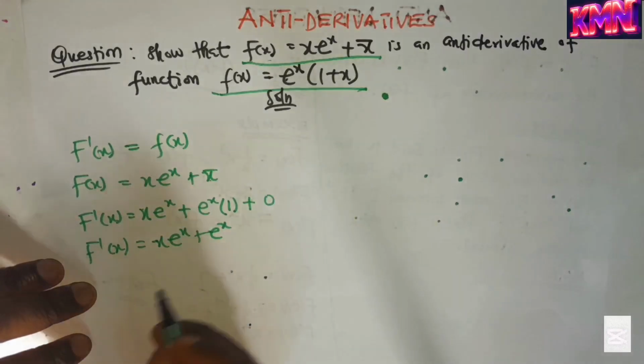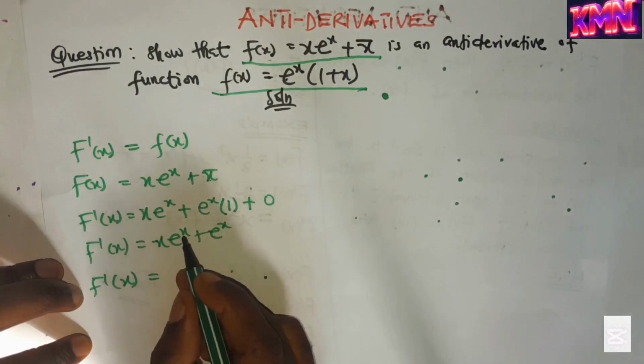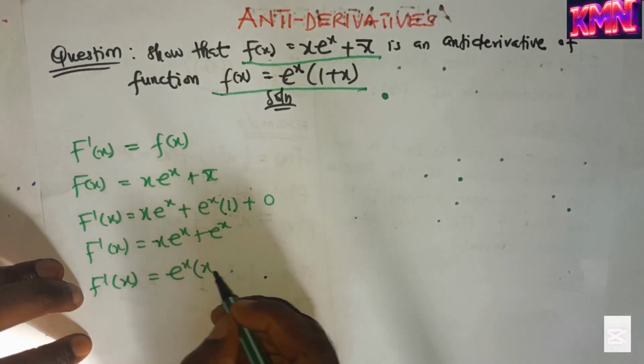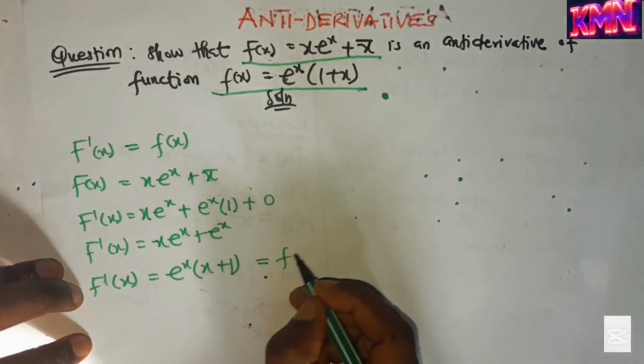The 0 will go. Then you can see that our F prime at x is equal to, we can factorize the e power x out, and that will give us x plus 1. And you can see clearly that that's the same as f at x.